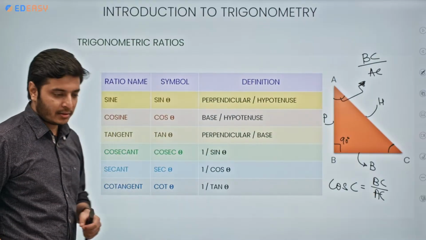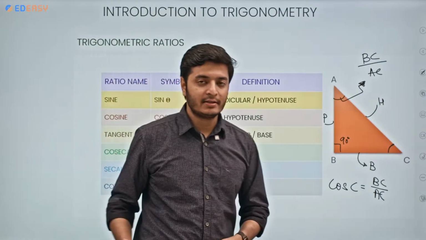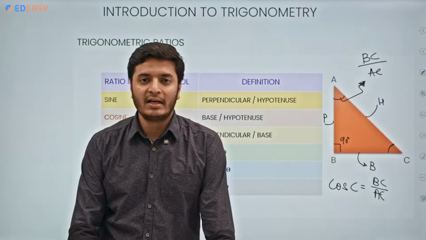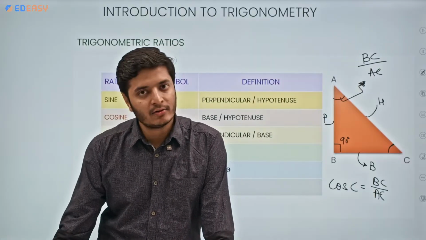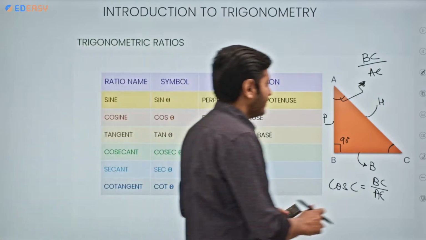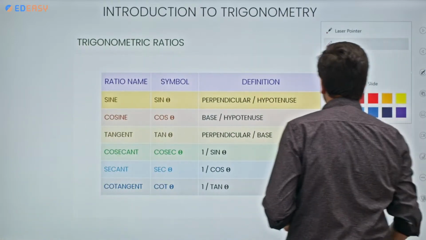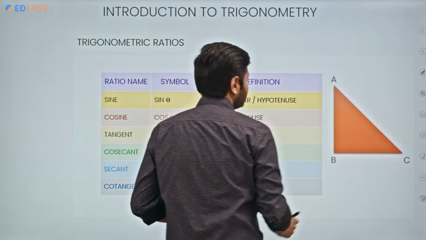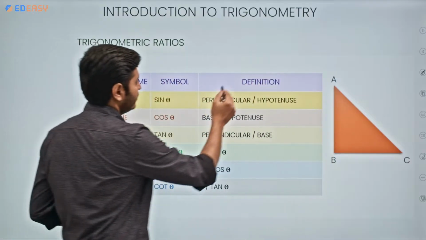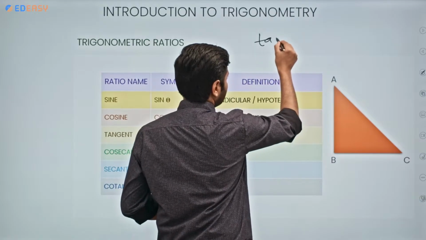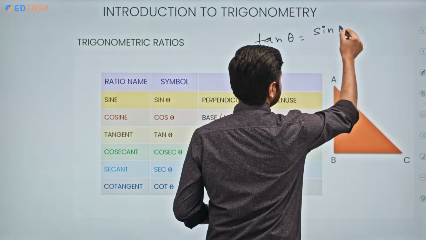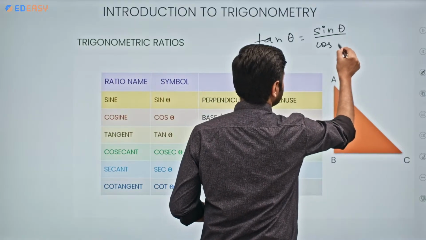Then tangent. What is tangent? Tangent is basically the ratio of sine and cosine. Sine divided by cosine. Okay, let's do the math now. If I am saying that tangent is sine divided by cos, so let me do it. Tan theta is sine theta by cos theta.